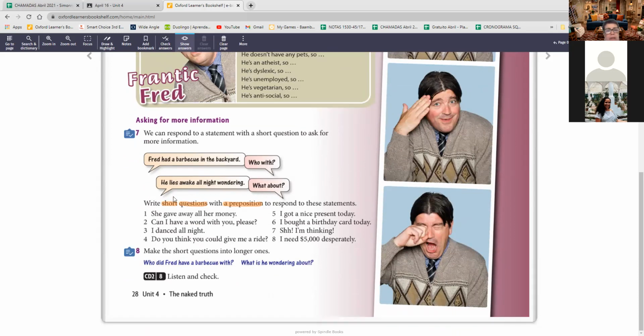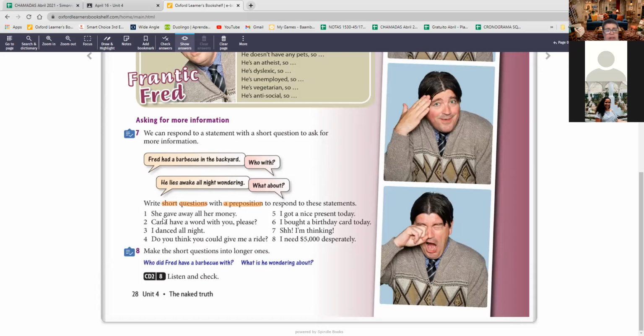Next one. He lies awake all night wondering. What about? So, what is he wondering about? That would be an idea. It's a lot of trouble, I think, opening them up and asking a full sentence, but let's do it.